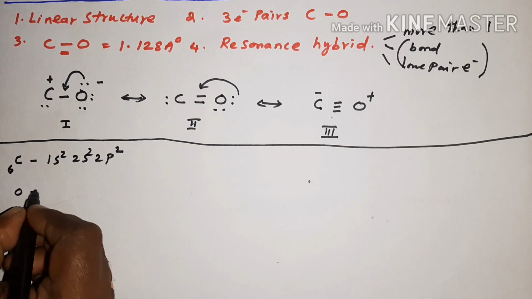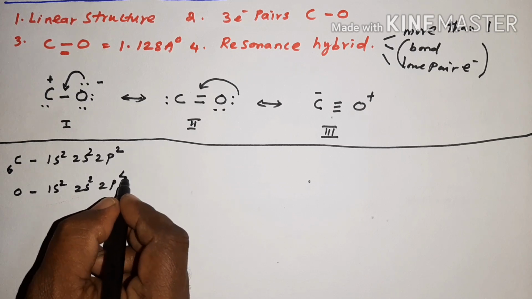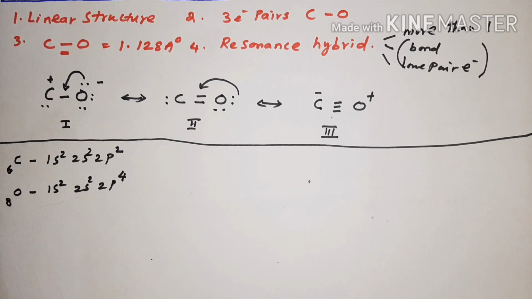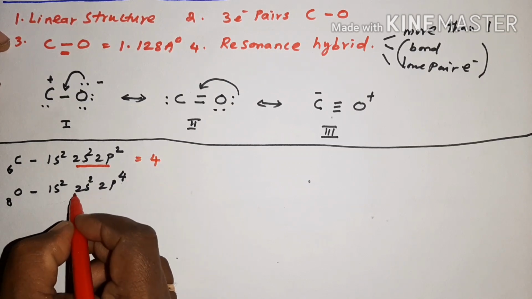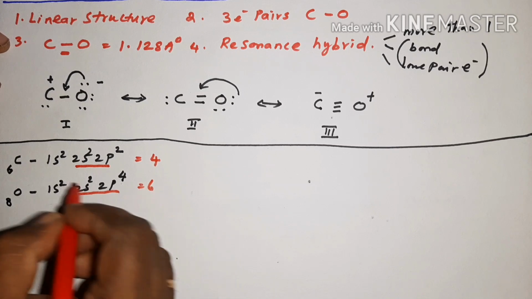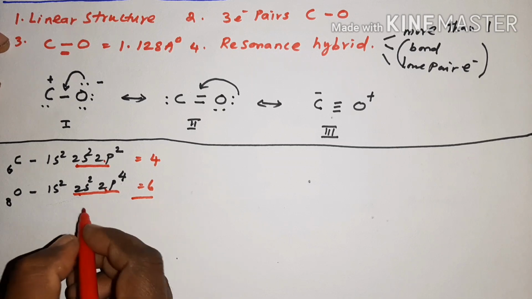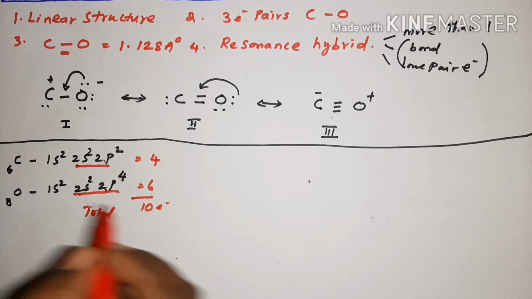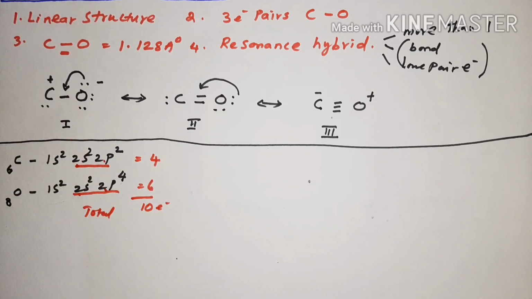For oxygen, 1s2, 2s2, 2p4, because the atomic number is 8. See here, the total valence shell electrons are 4 for carbon and 6 for oxygen, because the valence shell is 2s2 2p2 and 2s2 2p4. Total electrons will come to 10. Okay, so these 10 electrons will be involved in the bond formation.